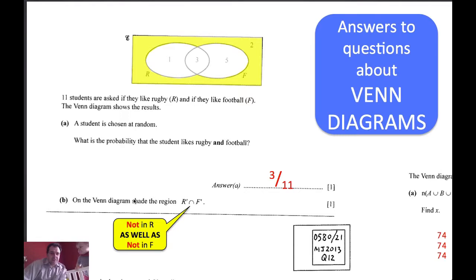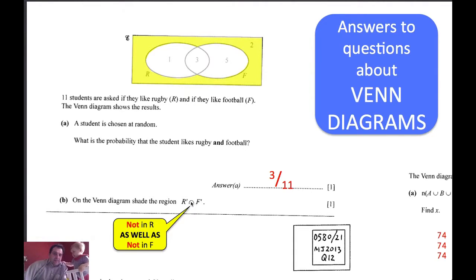And then it says on the Venn diagram, shade the region R dash intersect F dash. So R dash is everything that's not in R, so everything outside the R circle. F dash is everything that's not in F, everything outside the F circle.